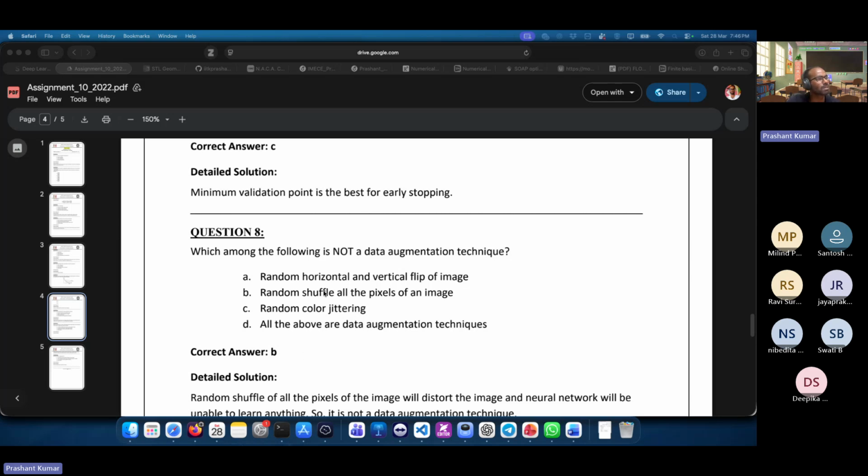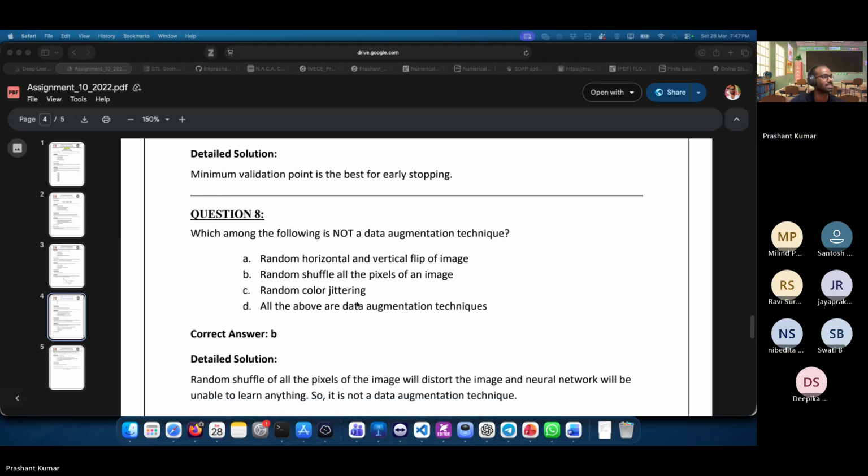Basically, you cannot change the pixel, otherwise the image itself is changed. However, you can play with the colors in a way that your edges will stay there. Let's say your earlier flower was white, but you change the color to red. The edges are there, so it will figure out that this is the flower only. But if you are simply shuffling pixels such that the leaf of the flower comes in between and the center goes outside, then this is not a flower.